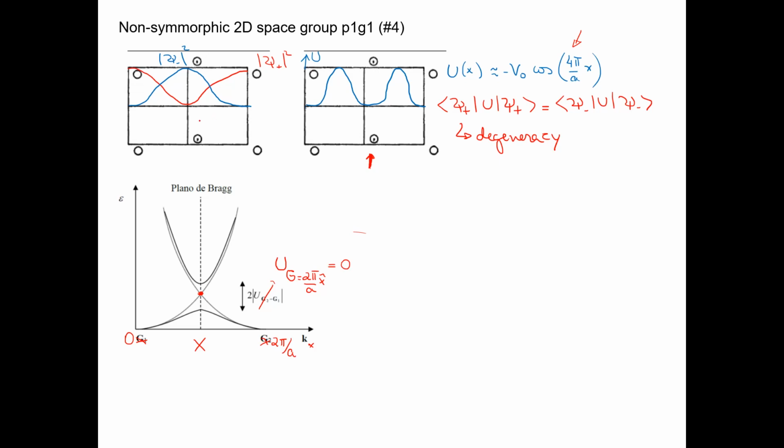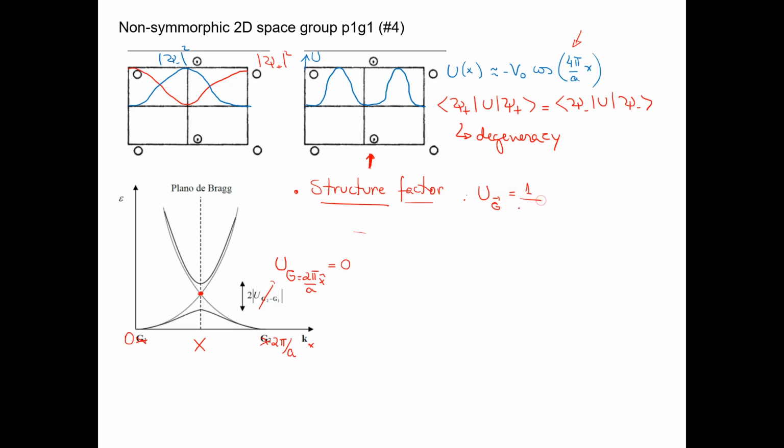There's a third way to understand that, which is based on the structure factor. So what is the structure factor? Well, there's an expression for U of G, the Fourier component of the crystal potential.